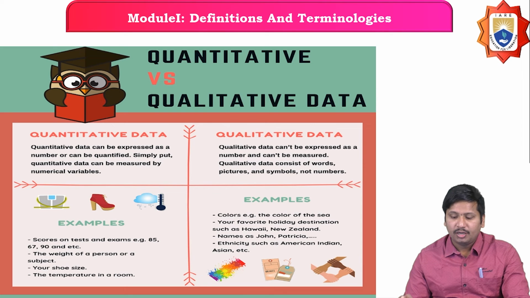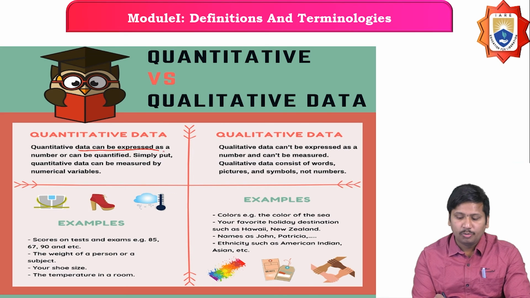So, quantitative data and qualitative differences. If I take the quantitative data on the left side and the qualitative data on the right side, the quantitative data is expressed as a number, but here it cannot be expressed as a number. It can be quantified, but here it cannot be measured.